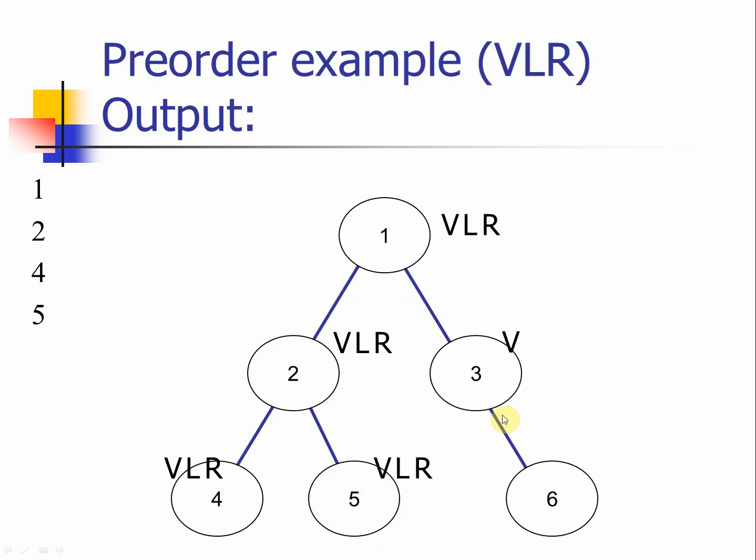And this time it will travel to node 3, print out 3, go to the left side, hit the base case scenario, come back, go to the right side, print it out, go to the left side, go to the right side, and you can see this is the time we pop away node 6, come back over here, pop away node 3, come back over here, pop away the root node, and come back to the place that calls the whole tree function.